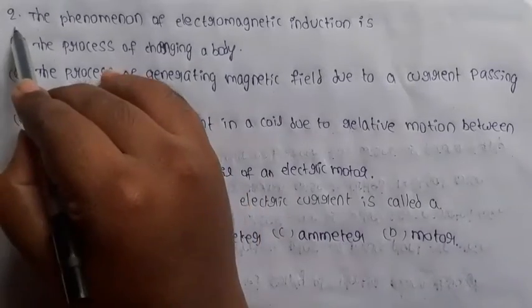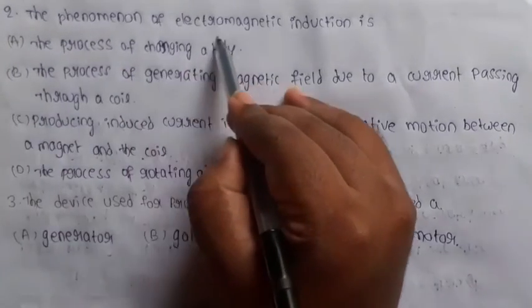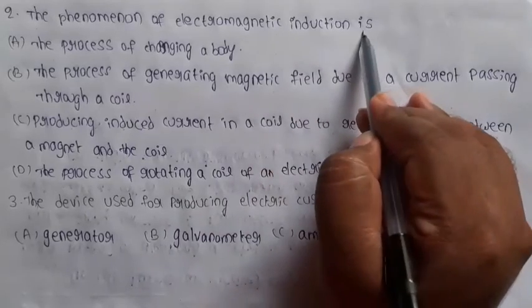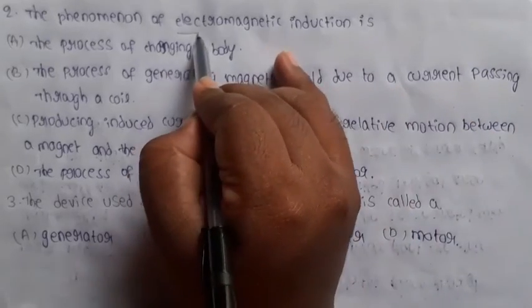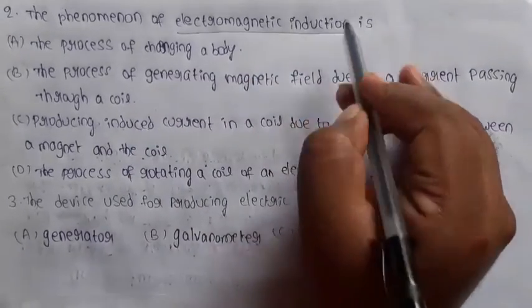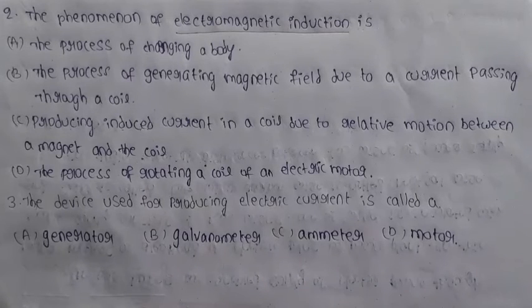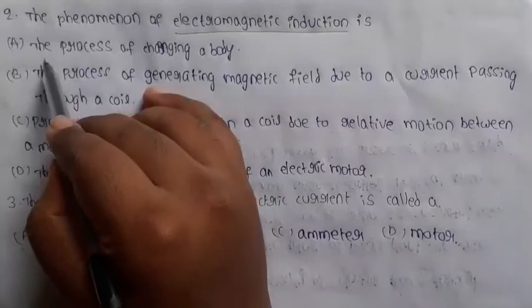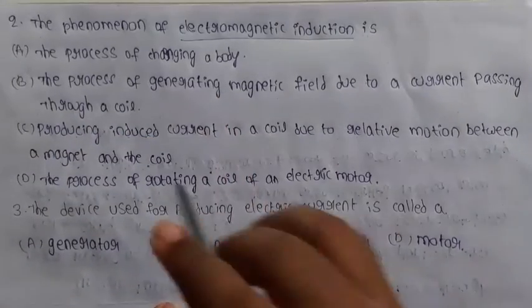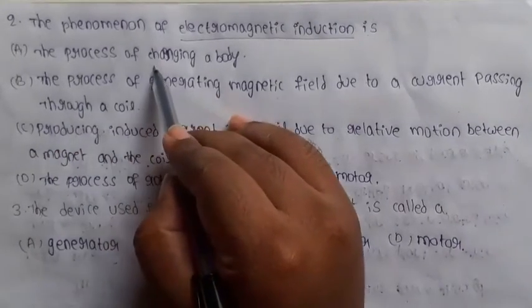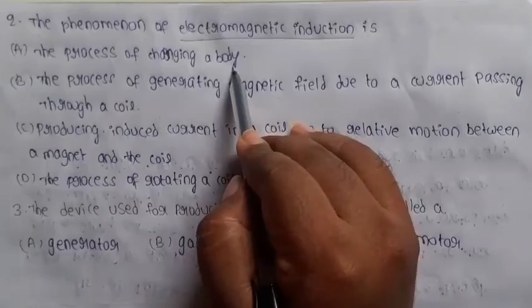Next, second question. The phenomenon of electromagnetic induction is. What is the phenomenon of electromagnetic induction? To produce induced current in the circuit by changing the magnetic field. So see the options. First option is process of charging a body.